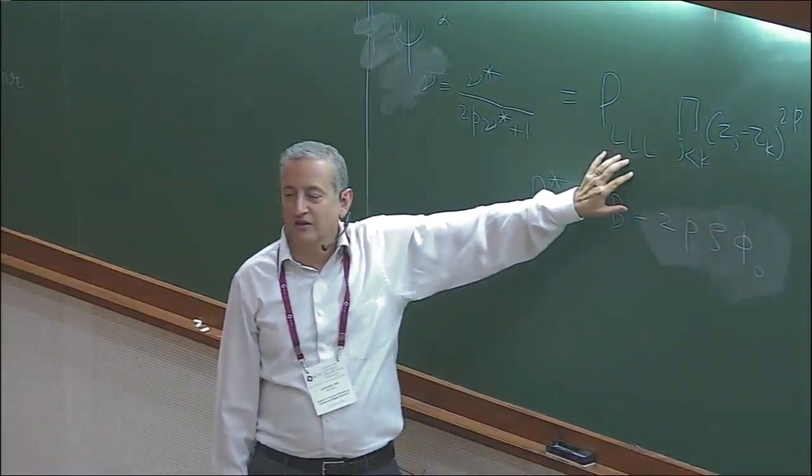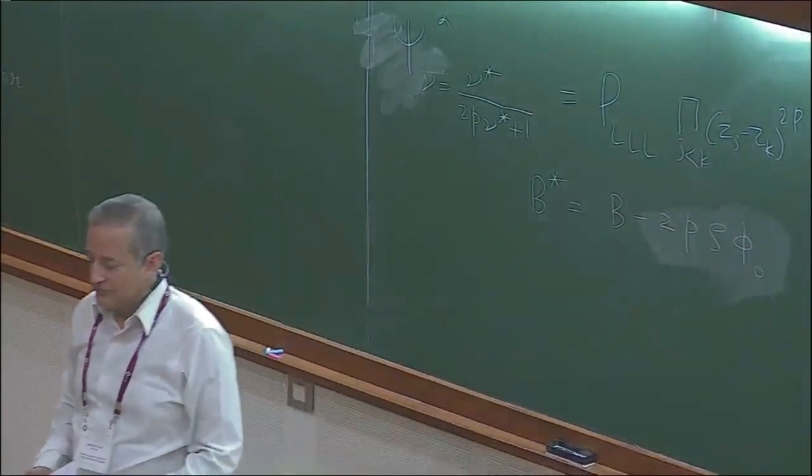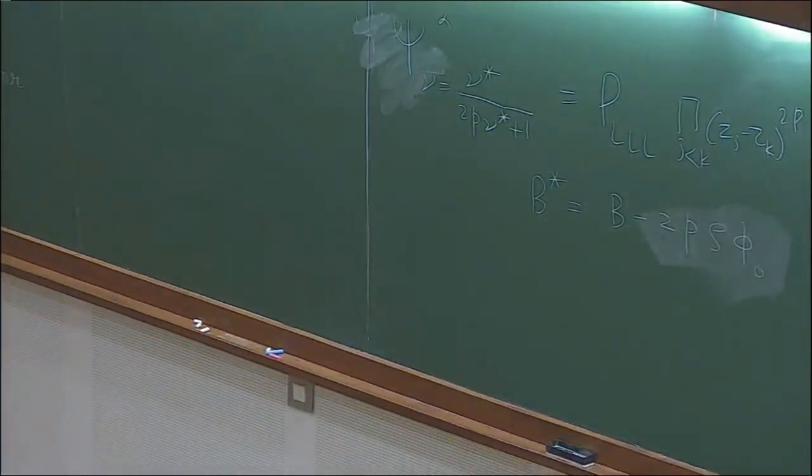When we do the lowest Landau level projection, we are assuming that we are doing something perturbative, which takes my wave function into the lowest Landau level, but does not destroy these nice correlations that we have built in.